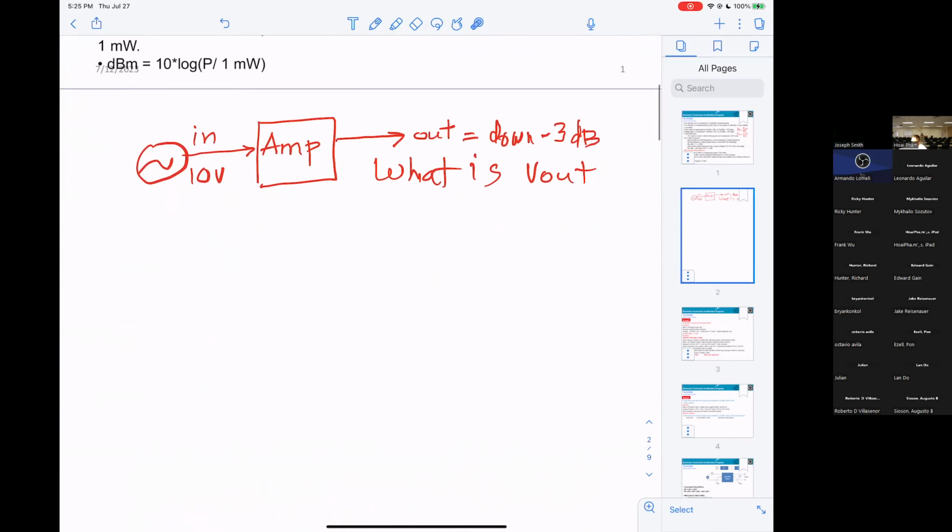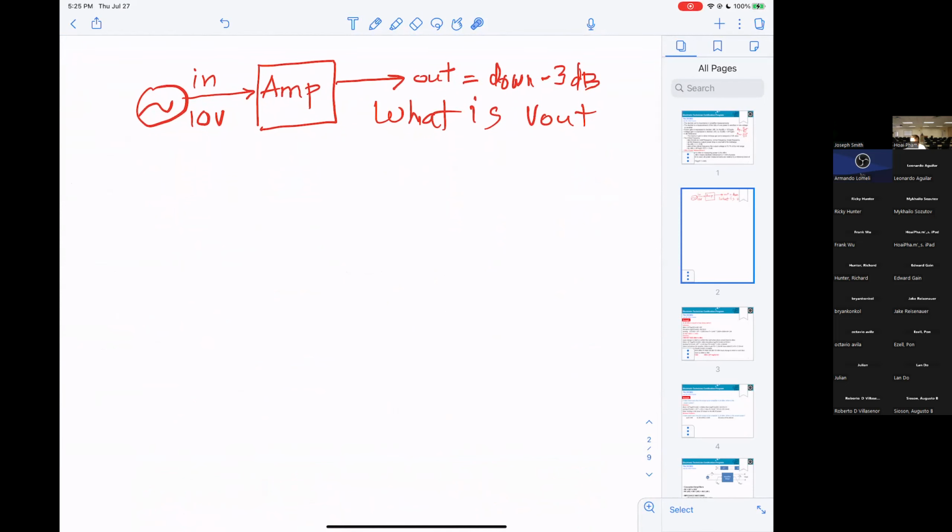So in order to do it, if you want to calculate the AV in dB, use the formula 20 times log of V out divided by V in.